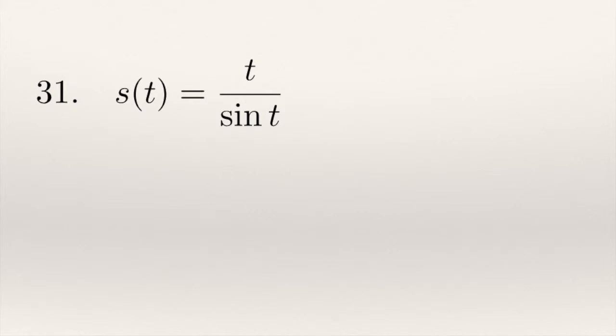But can I use 0? Is 0 an asymptote? No. 0 is a hole. But what else? What else makes sine 0? Pi. So pi, 2 pi, 3 pi. So every pi starting at pi would work.